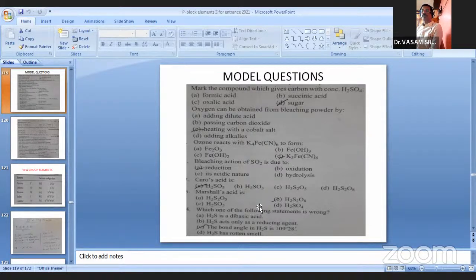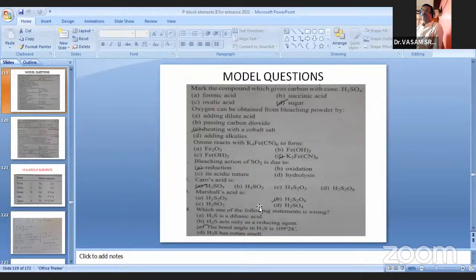Option A: H2S is a dibasic acid. Option B: H2S acts only as a reducing agent. Option C: The bond angle in H2S is 109°. Option D: H2S has a rotten smell. So C is the wrong option, because the H2S bond angle is only 90-92°, not 109°. 109° is for sp3 without lone pairs, but in H2S the sulfur is sp3 with 2 sigma bonds and 2 lone pairs.